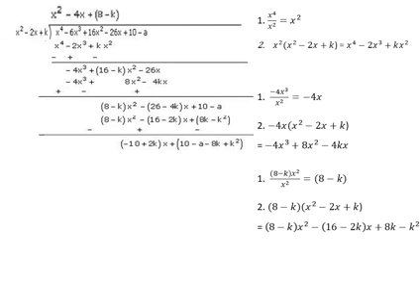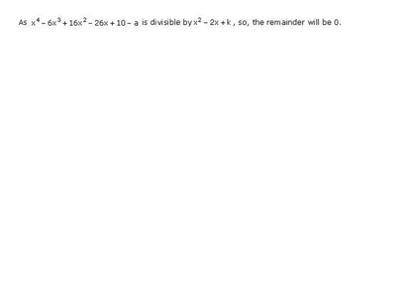Then the last constant, I am going to write as it is, 10 minus a. Then here we have already changed the sign, minus 8k plus k square. Now we are getting the remainder. But what I said already, it is exactly divisible by the polynomial. So for an exactly divisible polynomial, what will the remainder be? Remainder is 0. So for that, I am going to equate with 0.